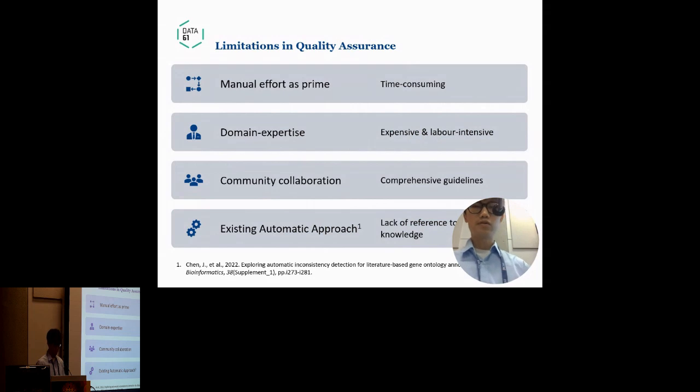They require the construction and constant revision of comprehensive guidelines. And fourth, although there have been attempts to develop automatic or semi-automated systems to assist or accelerate this curation process, they operate within a predetermined context, lacking the ability to leverage broader evidence, especially the relevant domain-specific background knowledge, which I will introduce later.